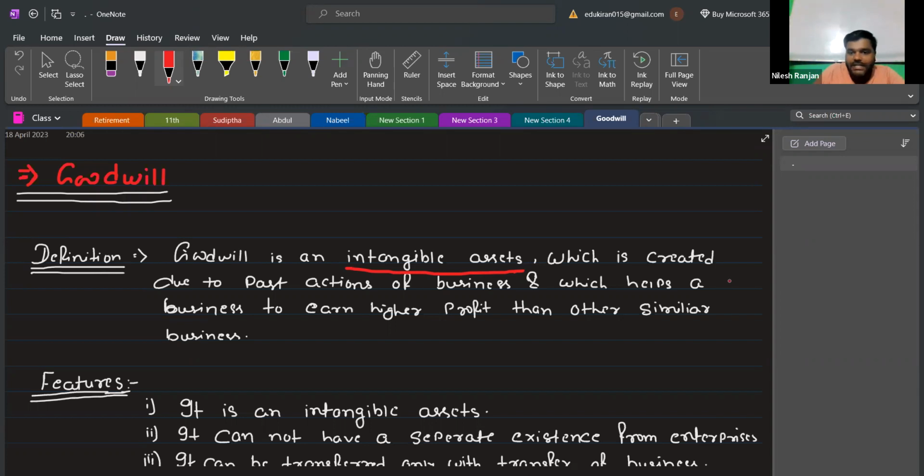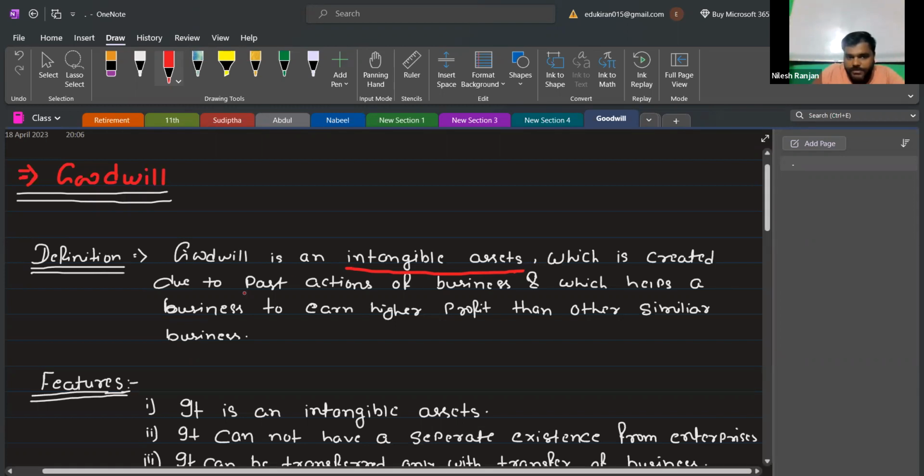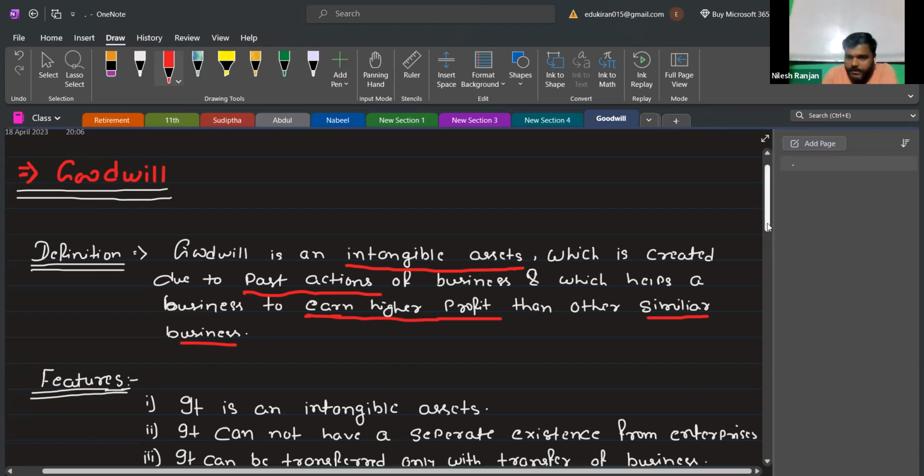It is created due to past actions of business, and it helps a business to earn higher profit than other similar business. So this is your definition part. It is not as much important.